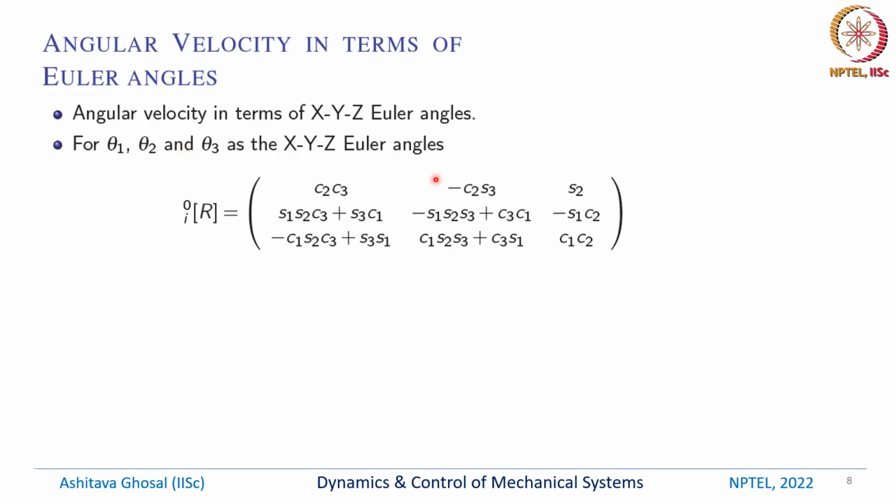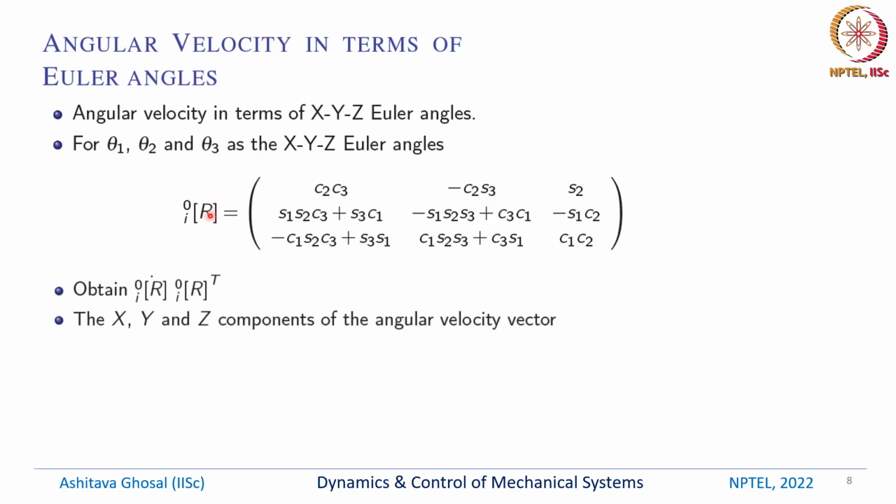These are called x, y, z Euler angles because they are rotations about the x axis, y axis and z axis. You will get terms like cos theta 2 cos theta 3, sin theta 2 cos theta 1 cos theta 2, and so on. So it is a reasonably complicated expression of cos and sine of theta 1, theta 2 and theta 3. We had done this in the first week. If you have forgotten, please go back and refresh.